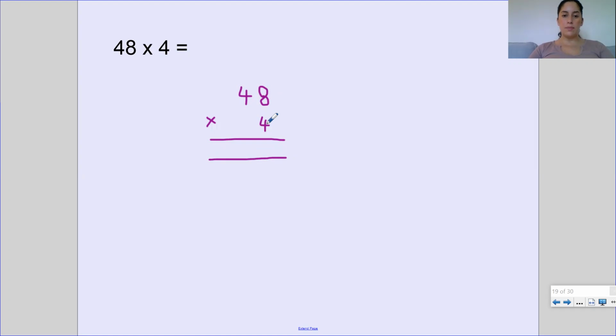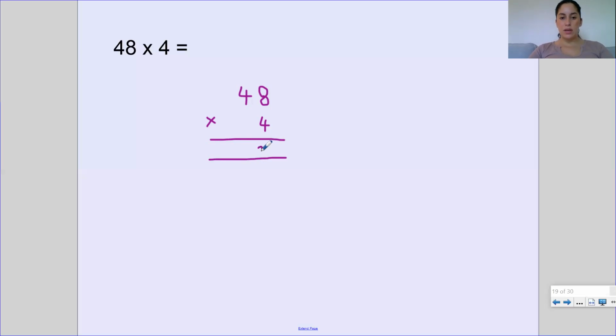My ones column. What's 4 times 8? If you know your 4 times table, you would know it's 32, but you could also use your 2 times table to help you. If you know 2 times 8 equals 16, what could you do with that answer to get the answer to 4 times 8? You could double 16, which would equal 32.